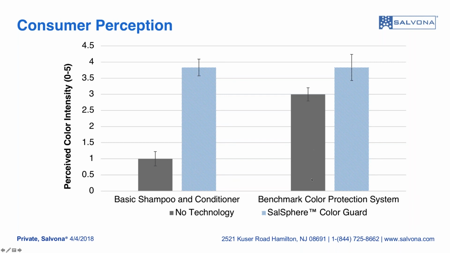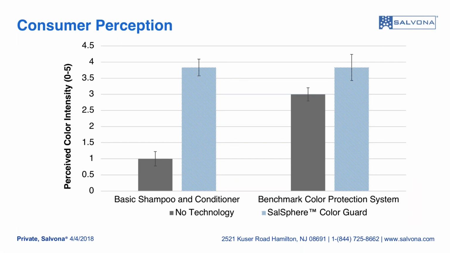Compared to this, we look at the benchmark. The benchmark by itself scored pretty high, 3 compared to 1. And when we added to the benchmark the technology, it scored even higher, almost 4. The differences between the base and the base plus the technology were significant in all cases.